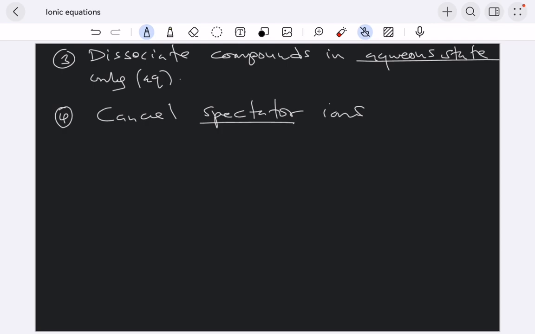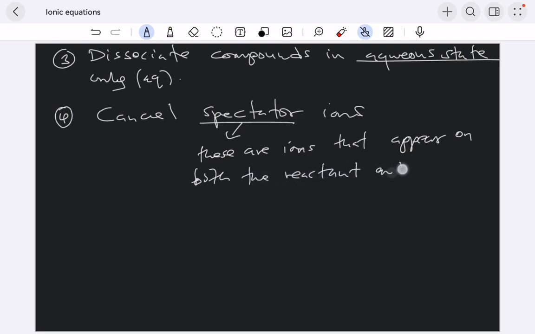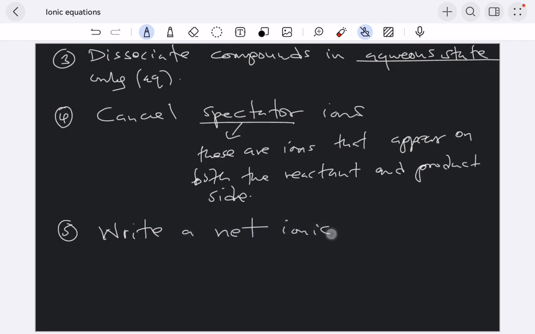What are spectator ions? Spectator ions are ions that appear on both the reactant and product side. We're going to give more examples. Then finally we can write a net ionic equation.